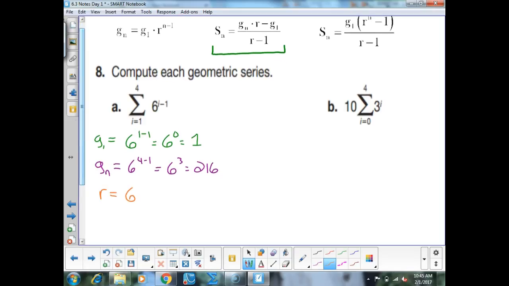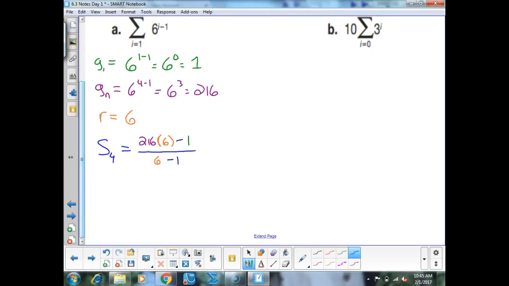So the sum here of the first 4 terms is going to be my last term, 216, times my ratio, 6, minus my first term, 1, divided by my ratio, 6, minus 1. 216 times 6 is 1,296 minus 1 all over 5.